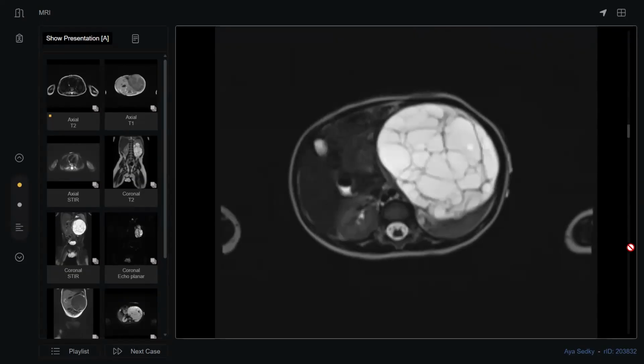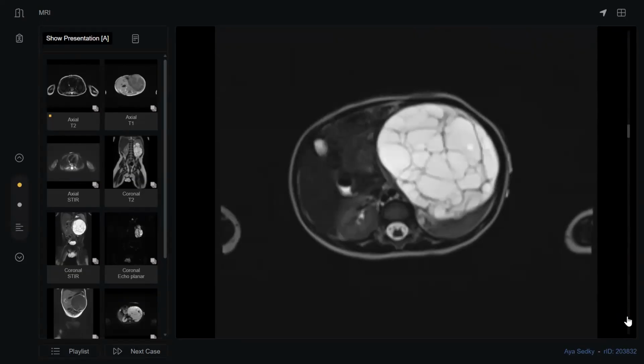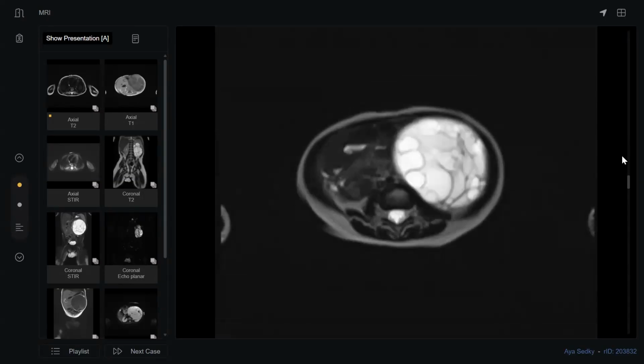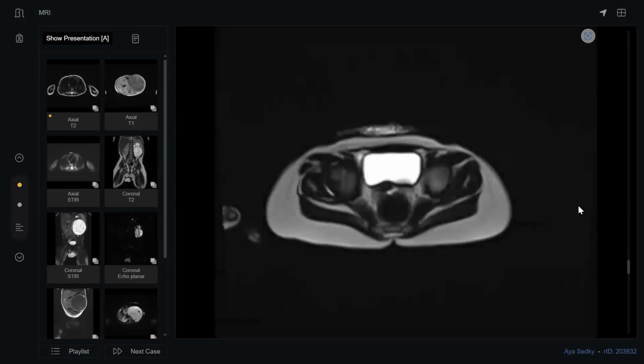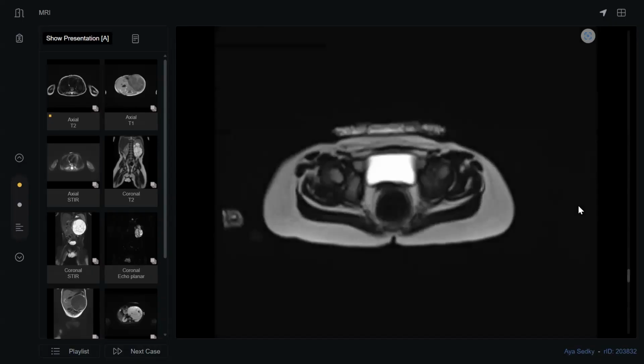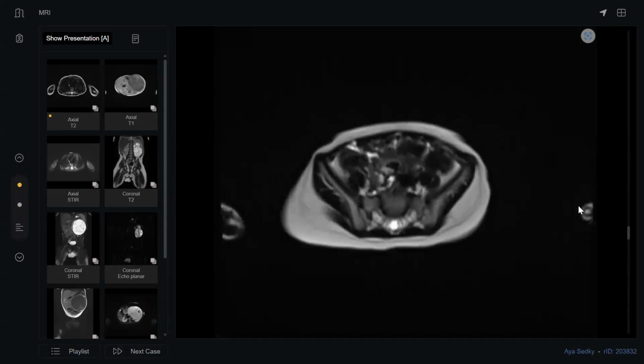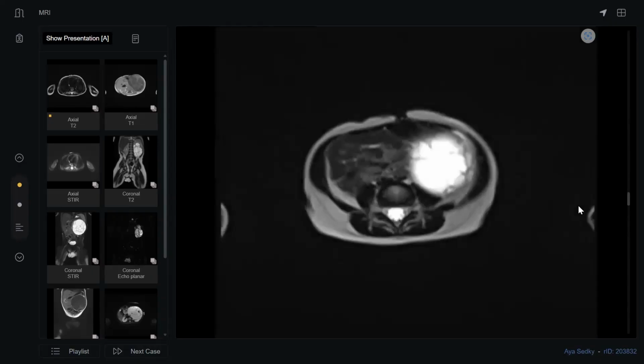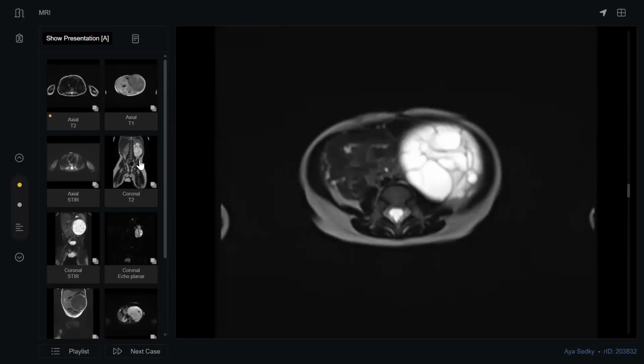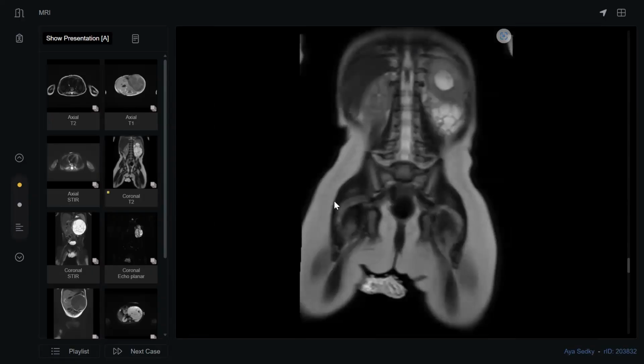I'm not able to scroll for you, sir. I'm not able to visualize the left kidney separately from the lesion.